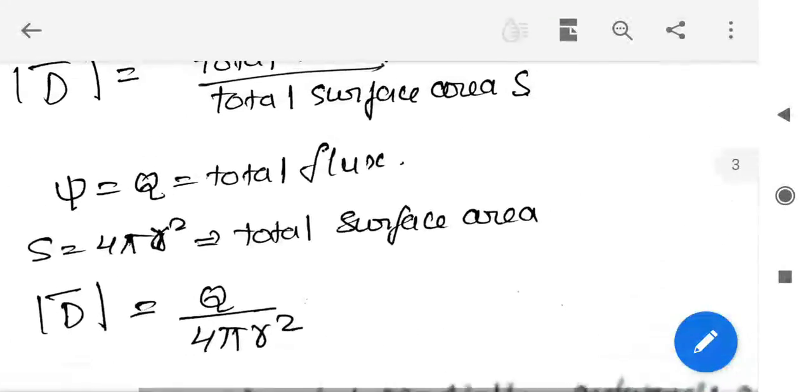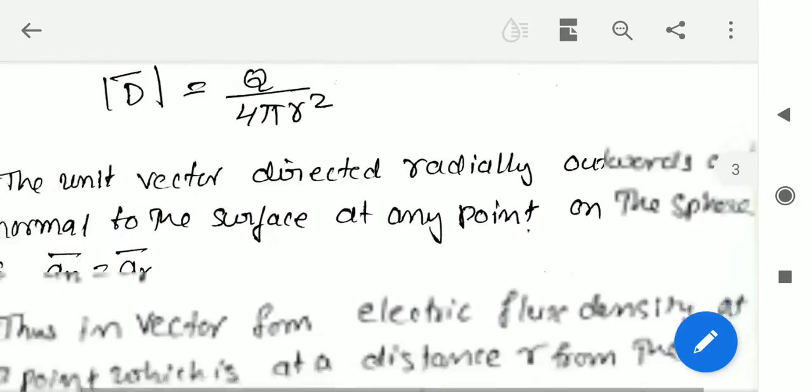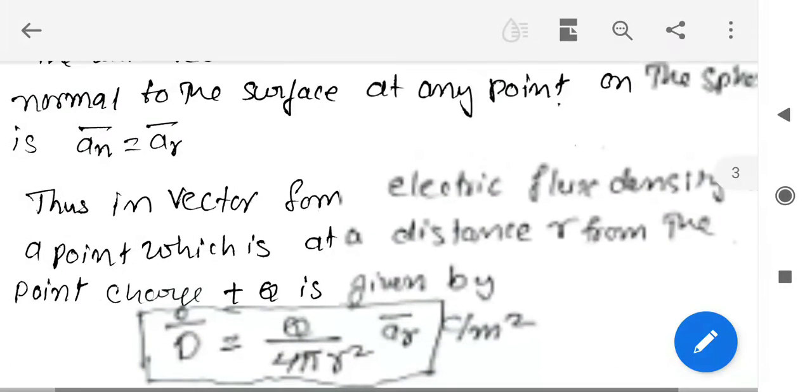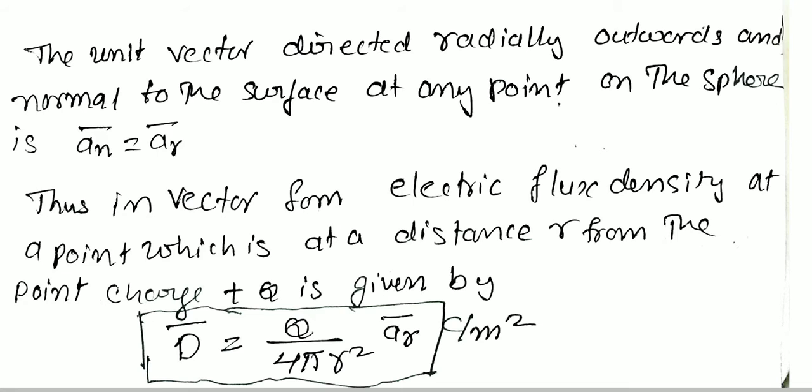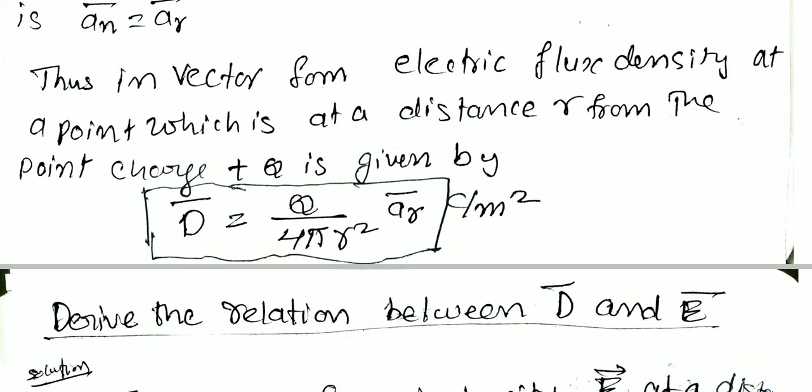So for that reason the direction is given by the value ar. Thus, in vector form, the electric flux density at a point which is at a distance r from the point charge q is given by q divided by 4 pi r square into ar, in coulomb per meter square.